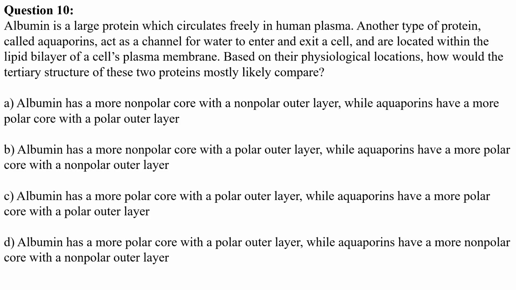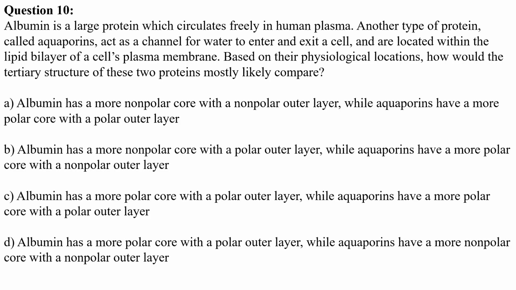Option C is albumin has a more polar core with a polar outer layer, while aquaporins have a more polar core with a polar outer layer. Option D is albumin has a more polar core with a polar outer layer, while aquaporins have a more non-polar core with a non-polar outer layer.